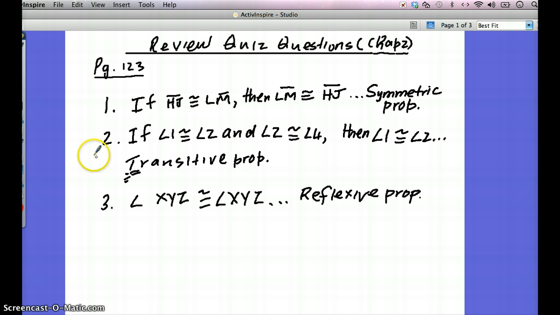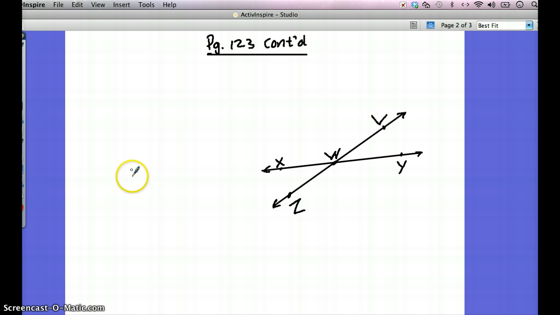All right, let's take a look at the more challenging aspect of your quiz. That would be your number 4. It says write a 2-column proof. So we're going to write a 2-column proof. And I'd like you to just dig your heels in now and trust God that you can understand this and understand it well.